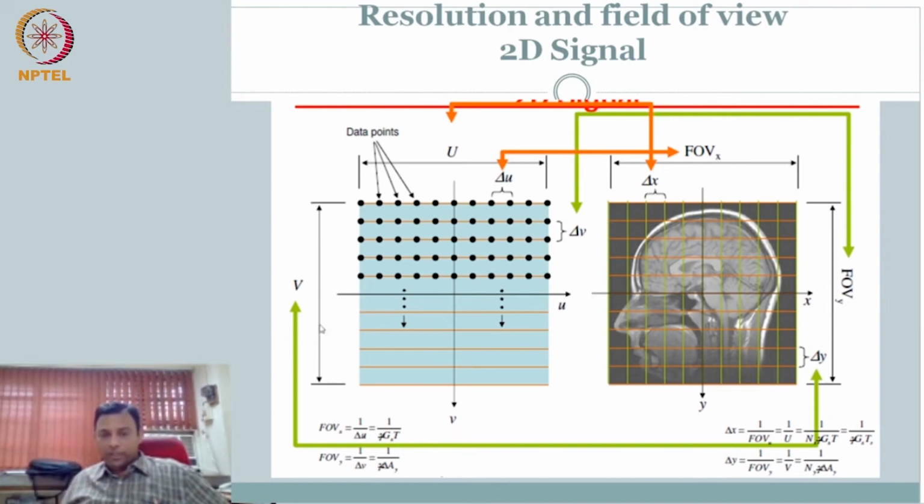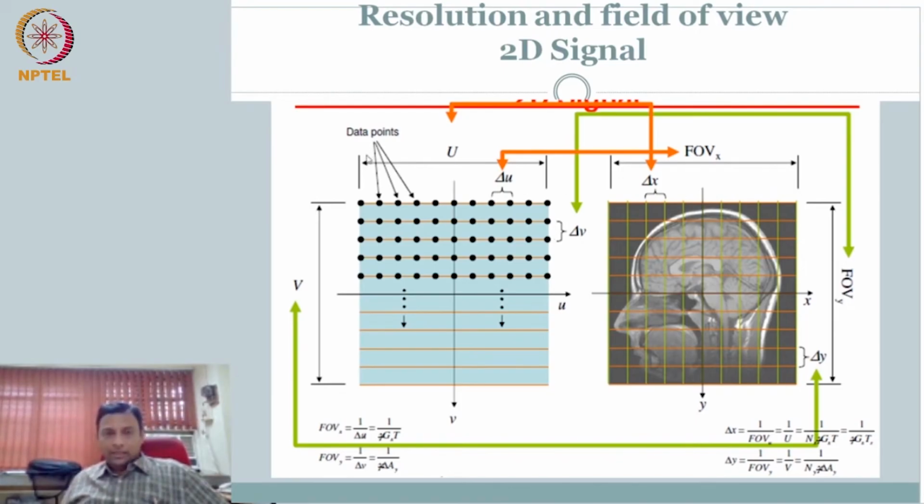Likewise, field of view or extent in v, extent in u. Look at this relationship. If I have delta u, this is going to dictate my field of view in x. If I have delta v, this is going to dictate my field of view in y.